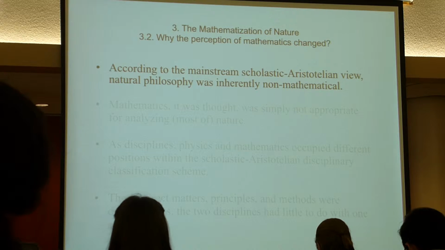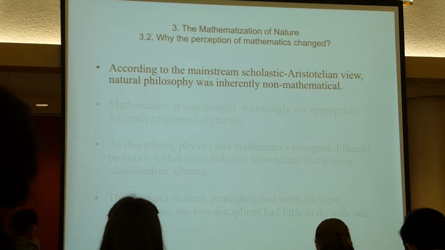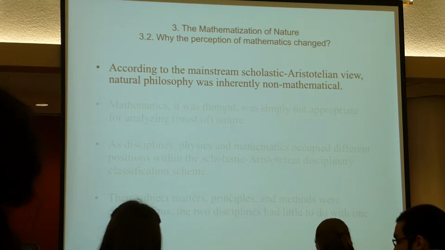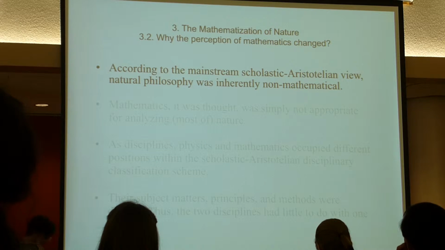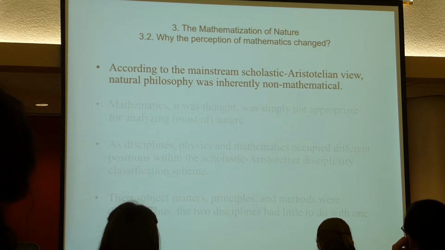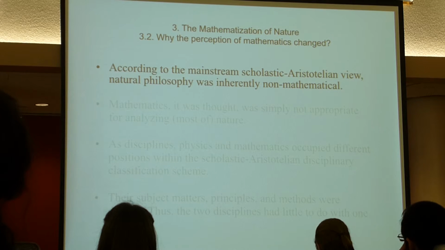Now, in order to understand this, as I said, according to the mainstream scholastic Aristotelian view, Aristotle was very, very influential. Aristotelian philosophy and its evolution was very important in the Middle Ages. And when we get to the Renaissance, this is still the ruling philosophy in the universities.